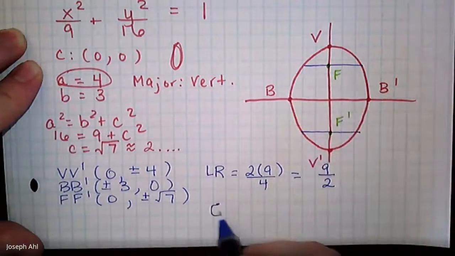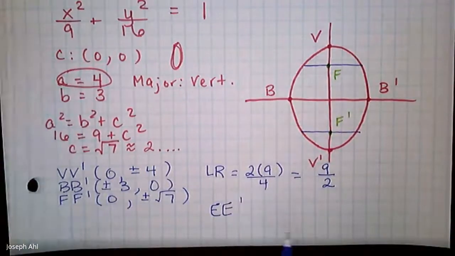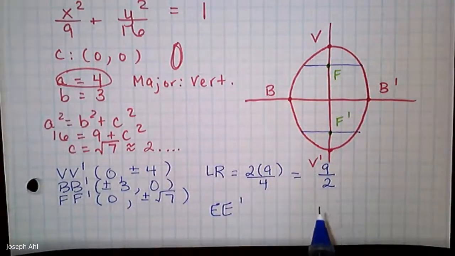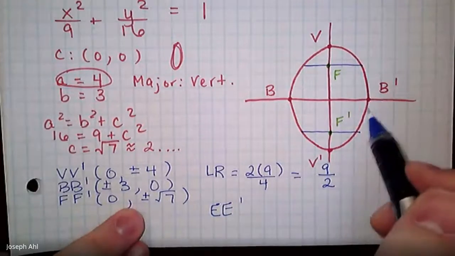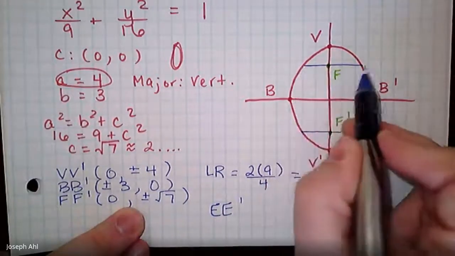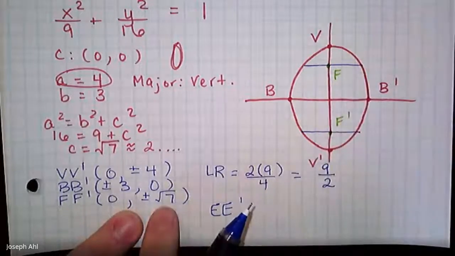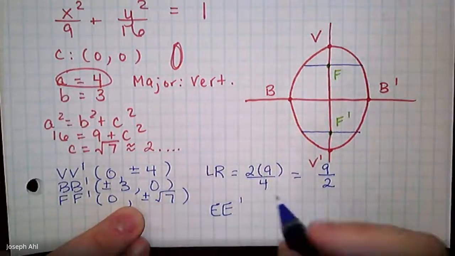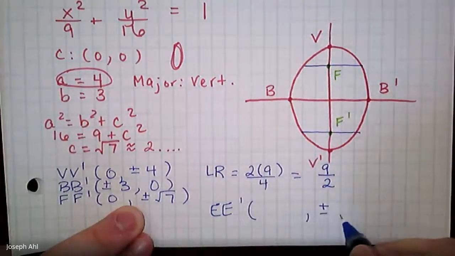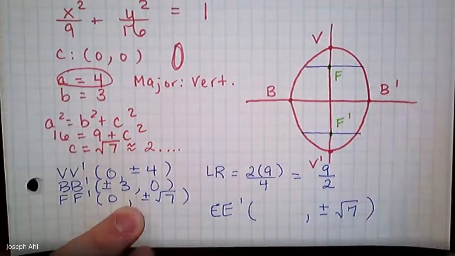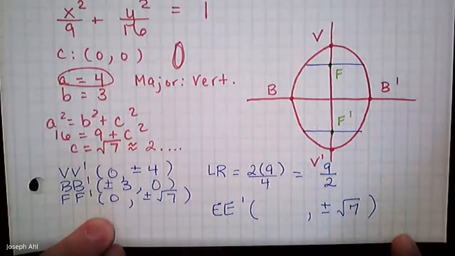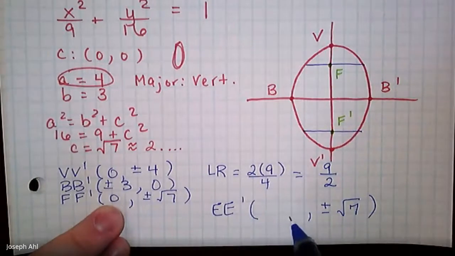So the last part that takes a little while to get used to, for E and E prime, is, first of all, what do they share in common with the foci? They're in line horizontally with the foci, so they're going to share the same y value. So they both have y values of plus or minus the square root of 7. How do I get to the x values?